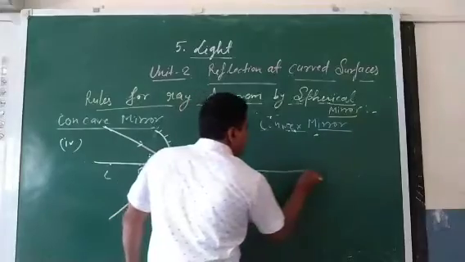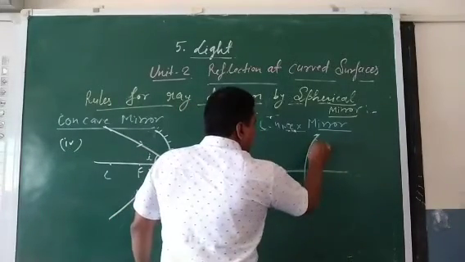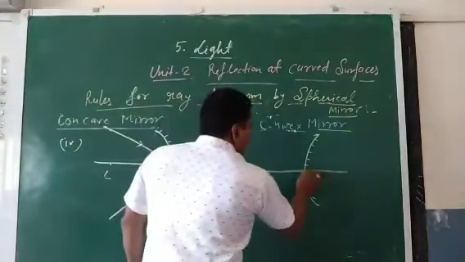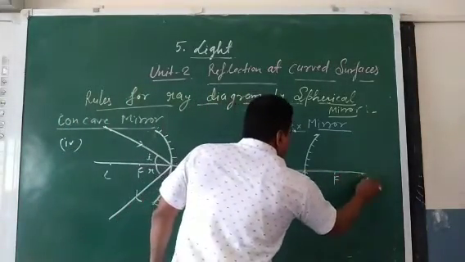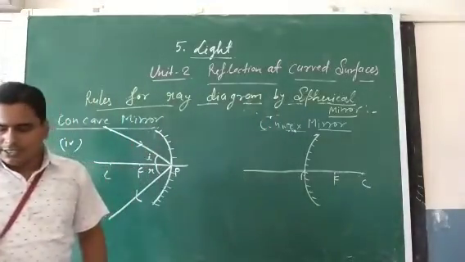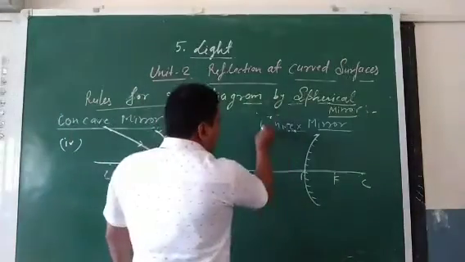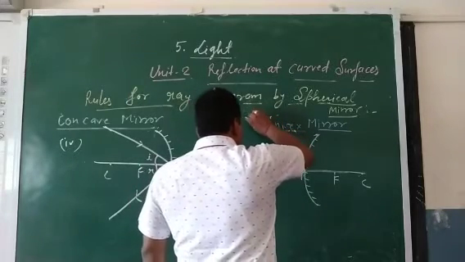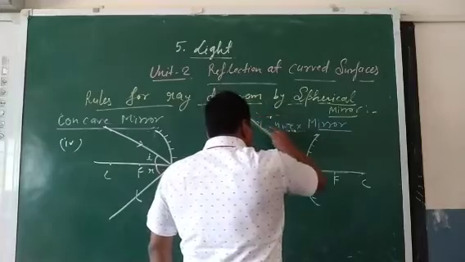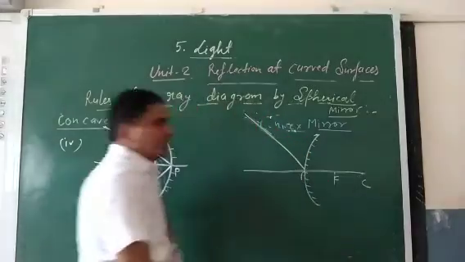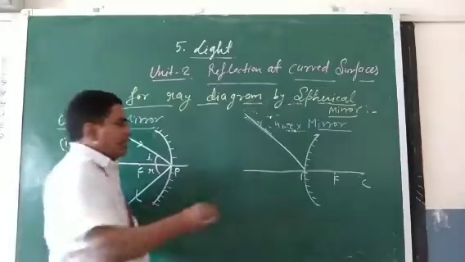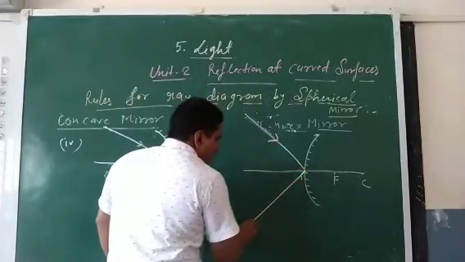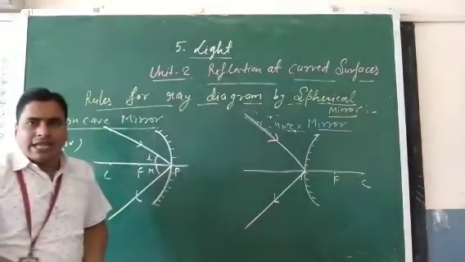If here you can see this ray diagram, this is the pole, focus, center of curvature. So when the light ray appears to fall on the pole, then after reflection again it will return at the same angle.